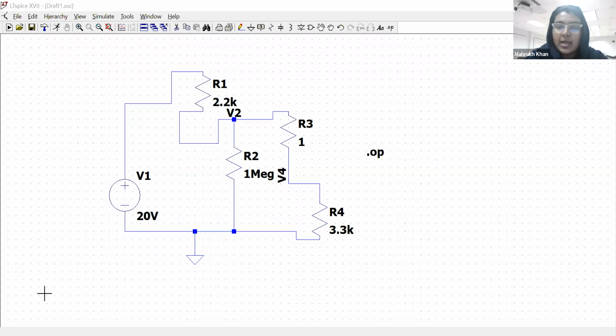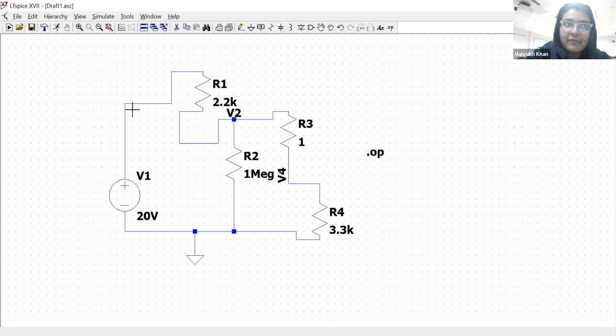You remember in the lecture I mentioned that if your load resistance is 100 times your output resistance, that is your R2 or R out from where your V out is coming, then your output voltage will be maintained within plus or minus 10%.